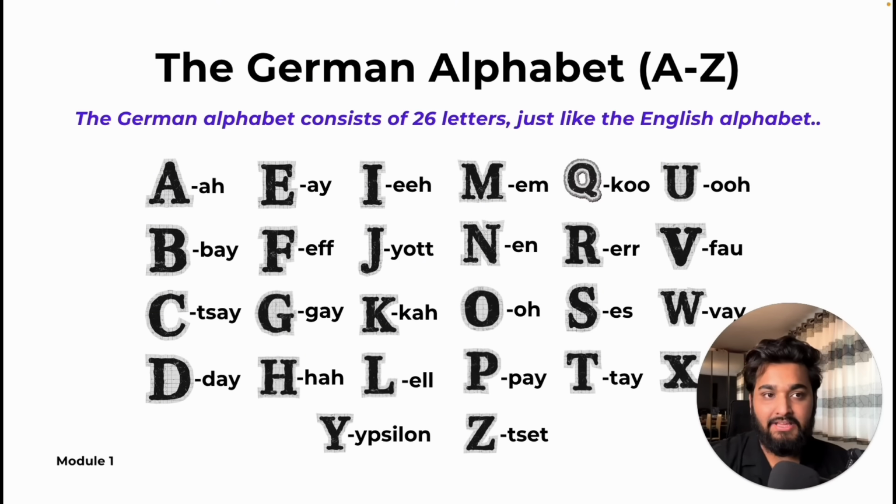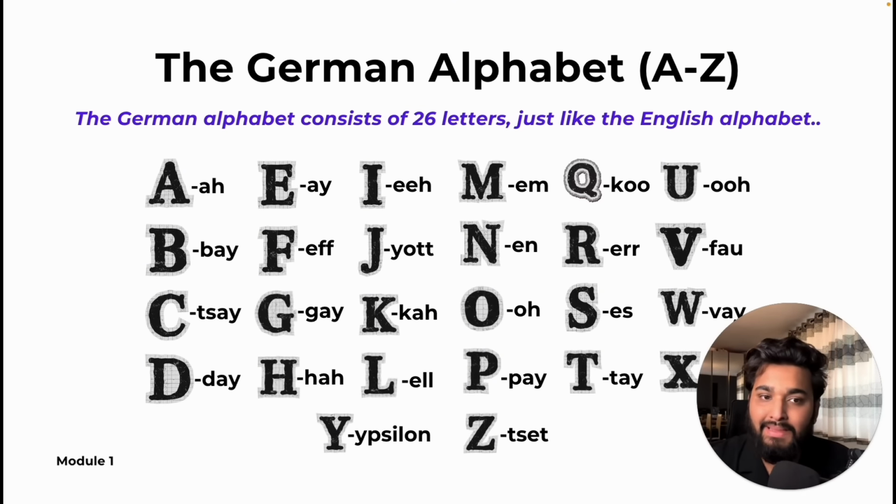Then E, you would say A. Not E, it is A, okay? Then F. F is just normal, like English, F. G is gay. How you say gay in English? Like that, gay. H is ha. It's not H, it's ha. Then we have I. Instead of saying I, you say E, okay?